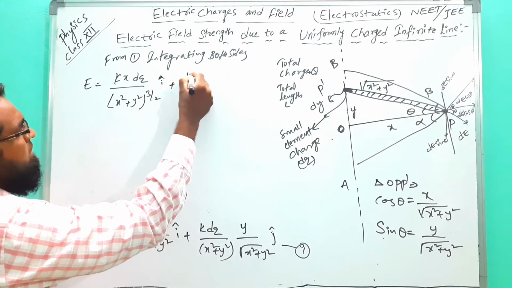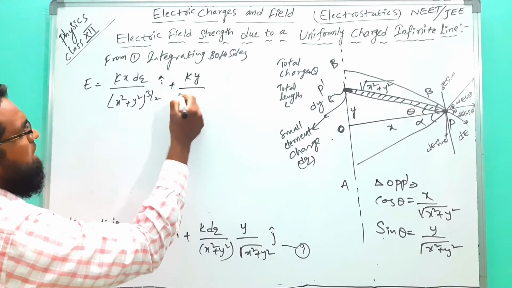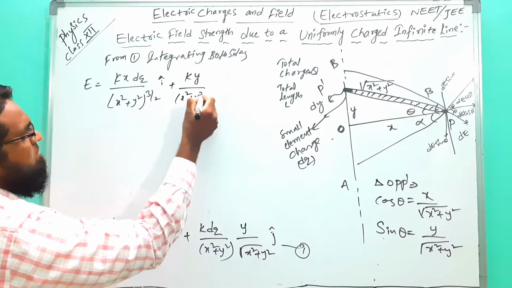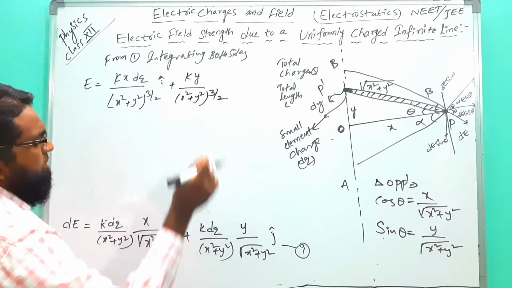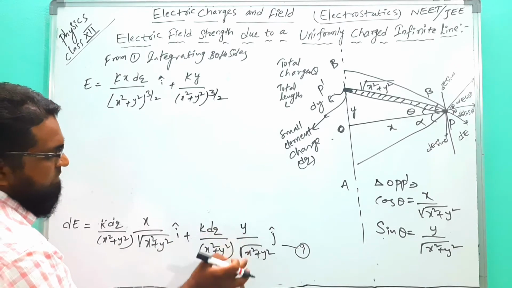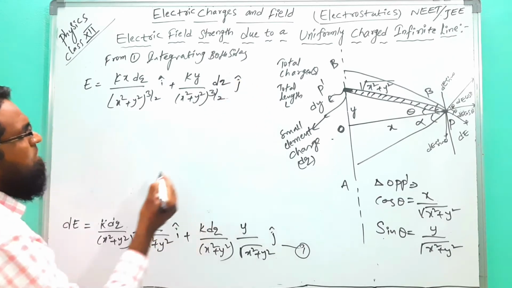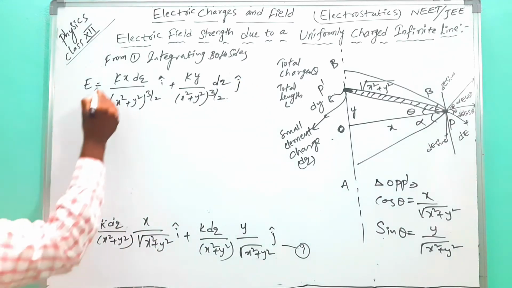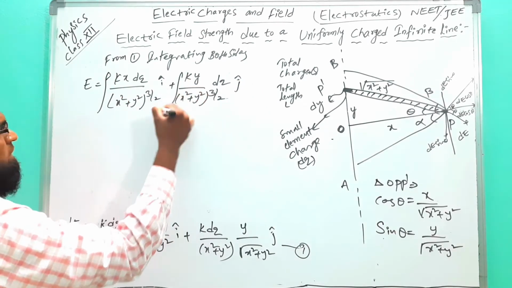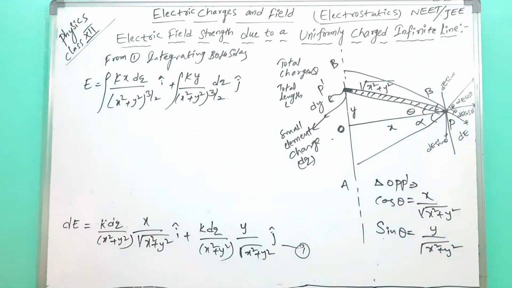Similarly k y by (x² + y²) whole power 3/2, with y there, and dq j cap. This is the electric field, integrating both sides.